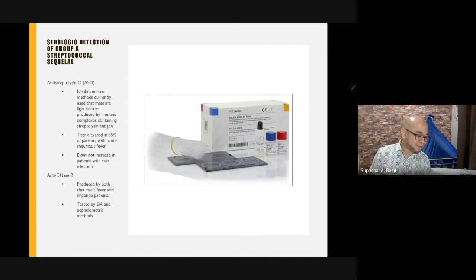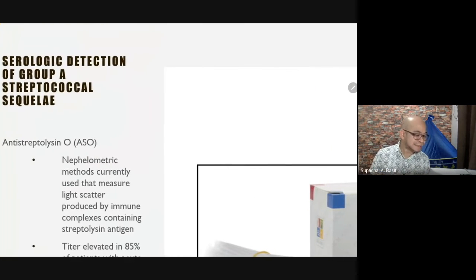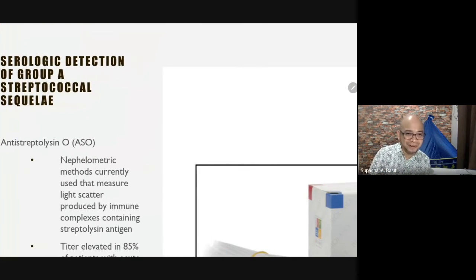So anti-streptolysin O is another test for determining whether the patient is vulnerable to group A streptococcal sequelae. So what's the principle?